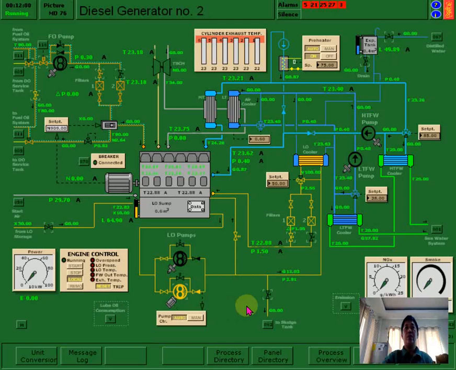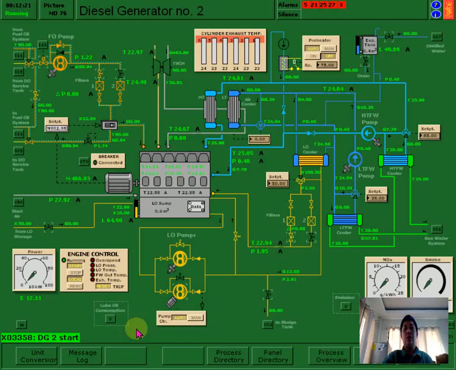Pressure is normal. Then we will start the diesel generator, because we are going to synchronize generator one and two, DG1 and DG2.